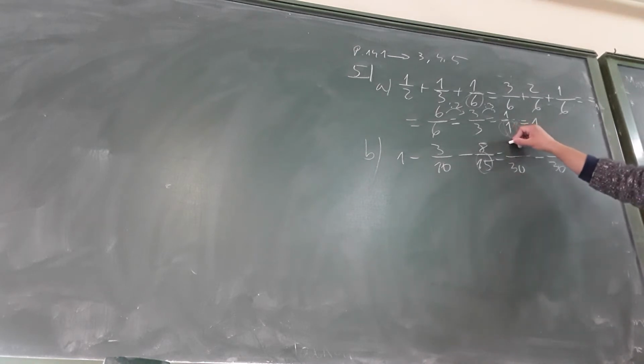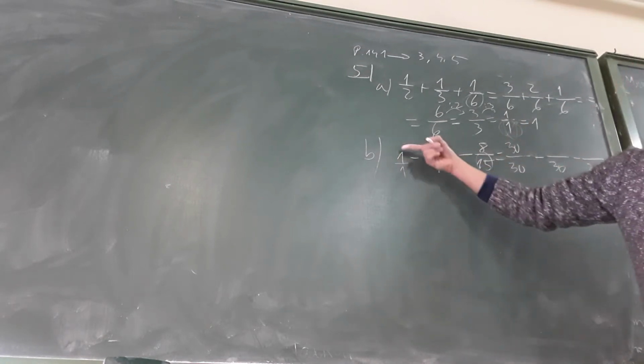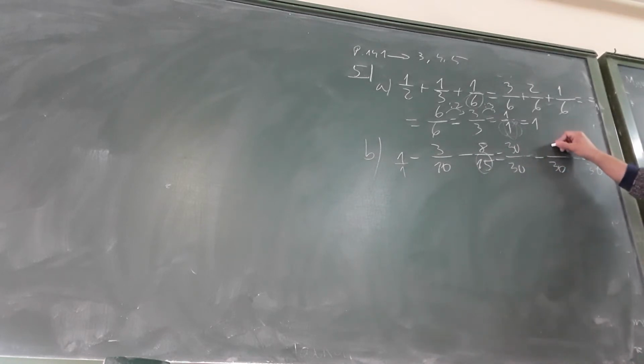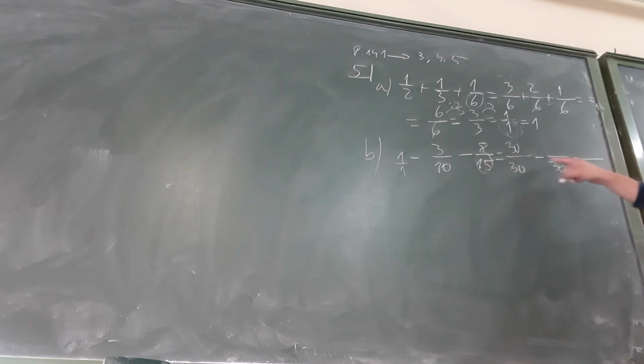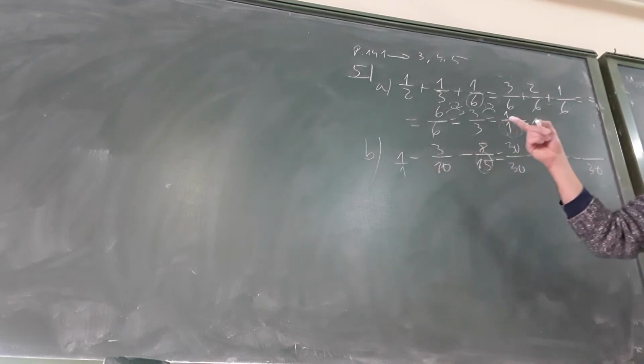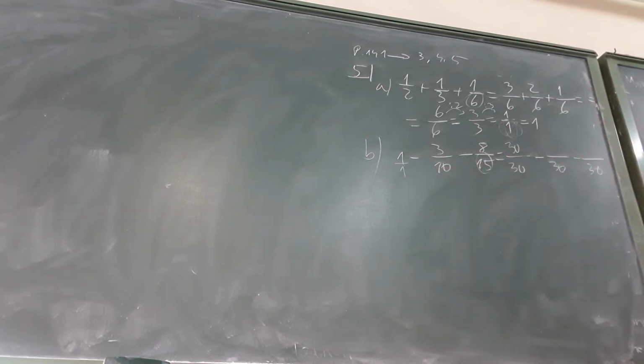First numerator is going to be 30. 30 divided by 1 multiplied by 1. 30. Here, 30 divided by 10, not 4.